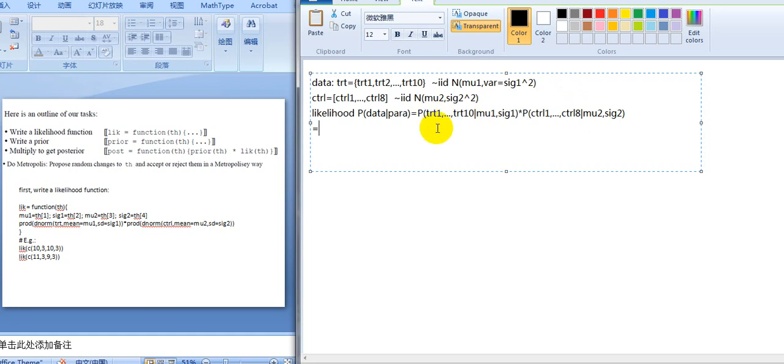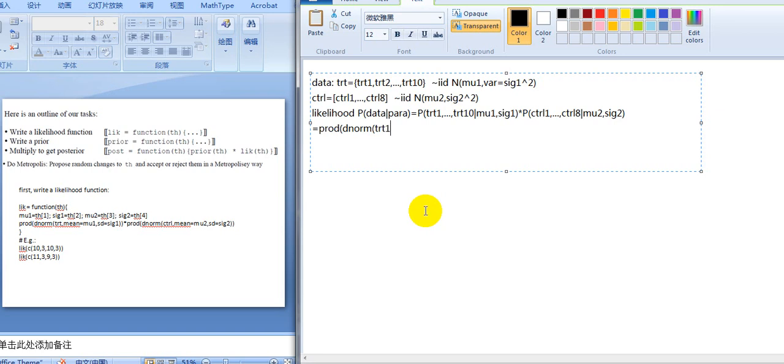Now each part is just a product of normal densities, right? So we use dnorm to find the normal density for each treatment. So it's a product. You can see this is our code. dnorm for each of the treatments.